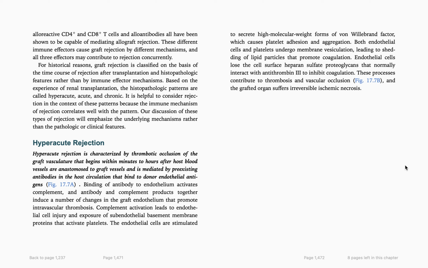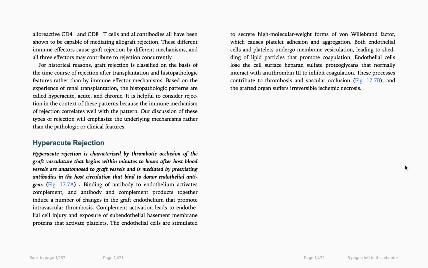Complement activation leads to endothelial cell injury and exposure of subendothelial basement membrane proteins that activate platelets. The endothelial cells are stimulated to secrete high molecular weight forms of von Willebrand factor, which cause platelet adhesion and aggregation.